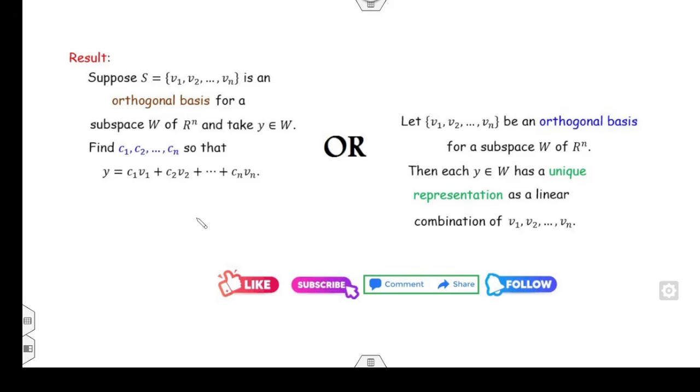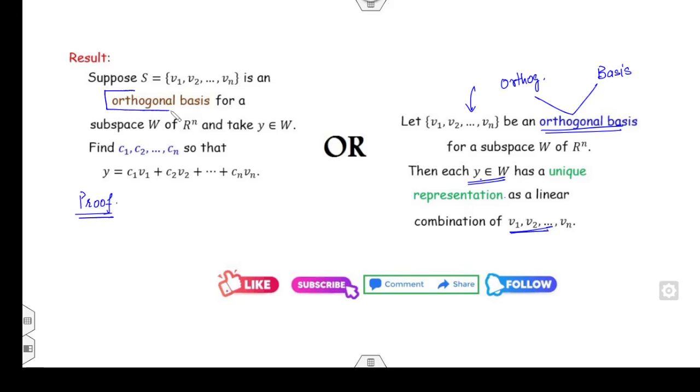In other words, if you have a set of orthogonal basis, what is the meaning of orthogonal basis? That means the set forms a basis as well as they are orthogonal. Then for each element y of the subspace, we can write it as a linear combination of the vi. The proof is very, very simple. What is given to you?